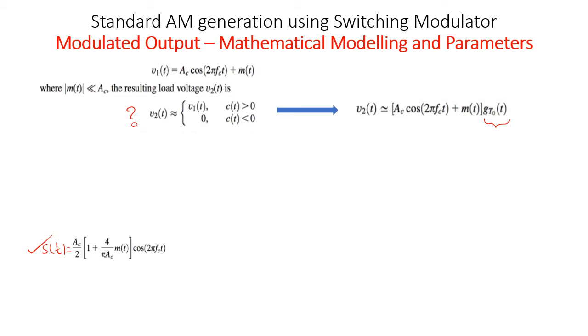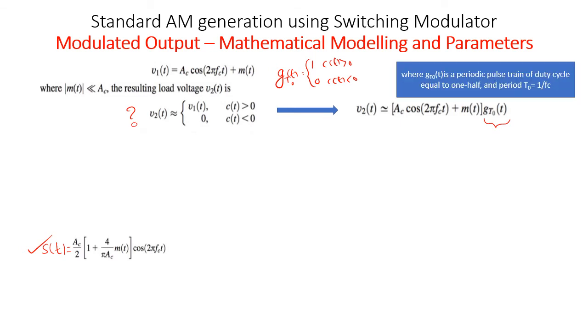So you don't have to bother about this. This g_T0 of t is a waveform which is equal to 1 when C of t is greater than 0 and 0 when C of t is less than 0, right? Then instead of writing it in pieces, we can represent it as a single mathematical expression. That's what is our aim.